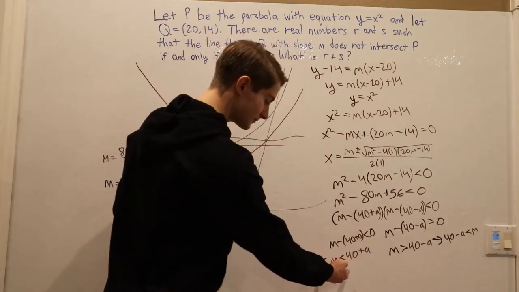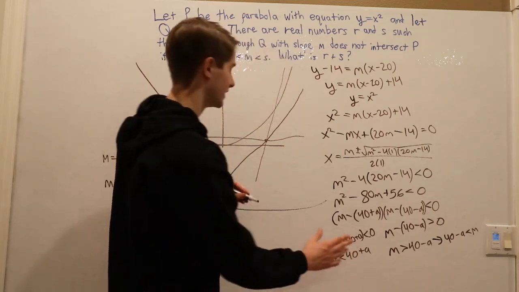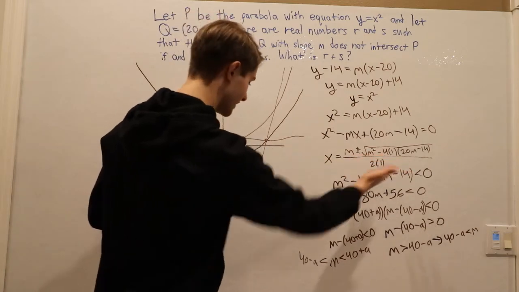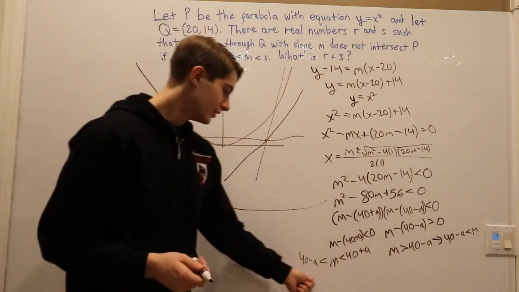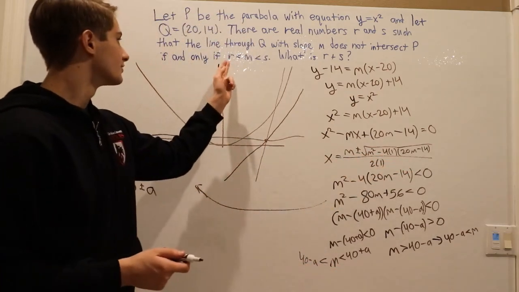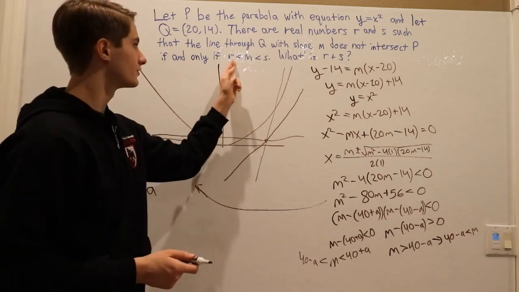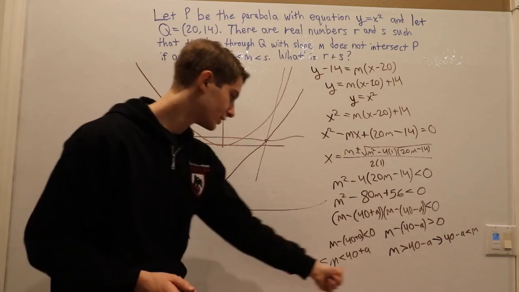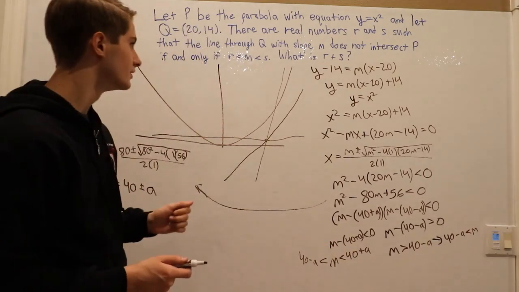And this is all the times where the lines do not intersect, because this equation has no solution. The square root's negative. This is in the same form as this part here, r is less than m is less than s, which means that this part has to be r and this part has to be s.